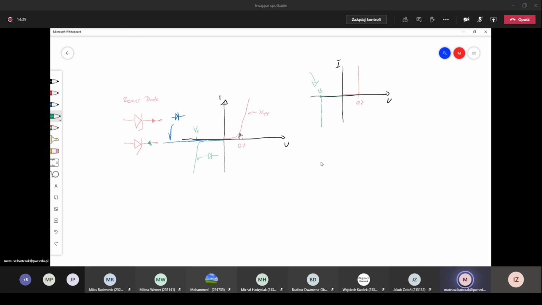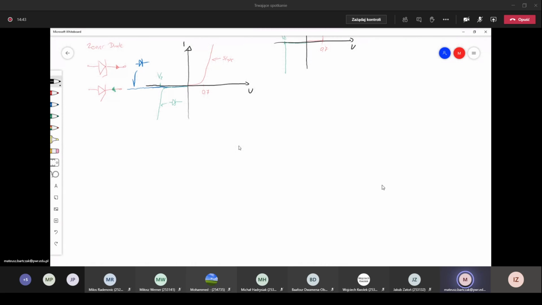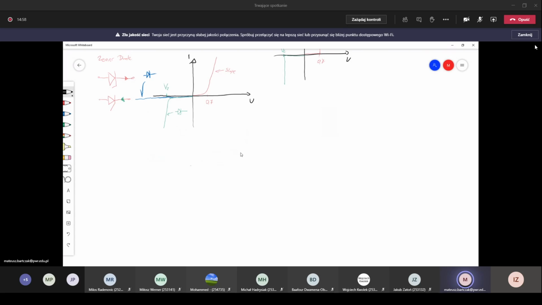Okay, now we will start with the application. So we will try to build a simple voltage regulator.